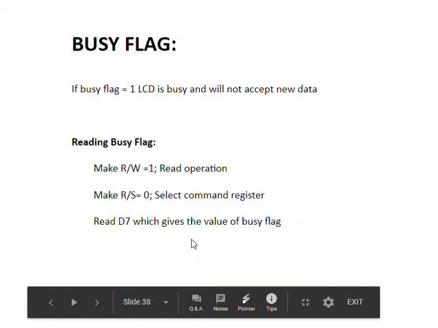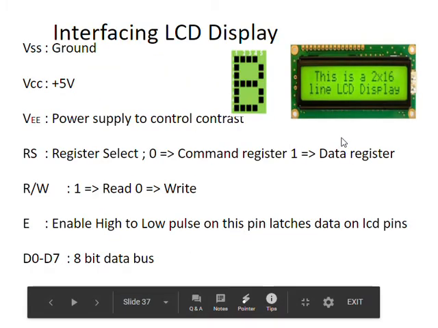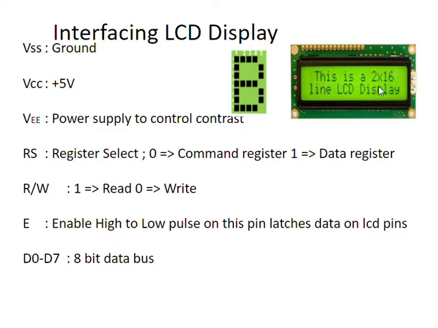Now let's look at the first figures. See, this is the LCD display. You can see that there are two lines, and if you look at the figure on the left, you can see that this character is displayed using a 5 cross 7 matrix. There are 5 columns, 1, 2, 3, 4, 5, and there are 7 rows, 1, 2, 3, 4, 5, 6, 7.